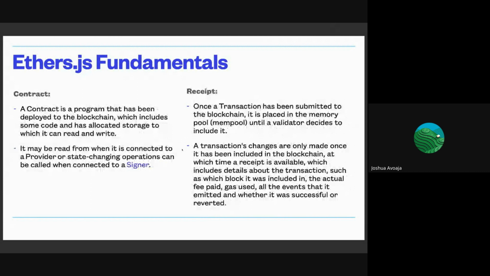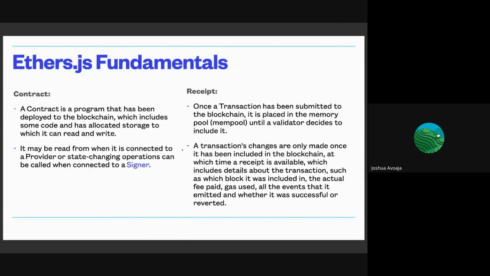So a contract in JS is a representation of a deployed instance of your contract on the blockchain. A contract instance may read from the blockchain when it's connected to a provider, or can also execute state changing operations when it is connected to a signer.